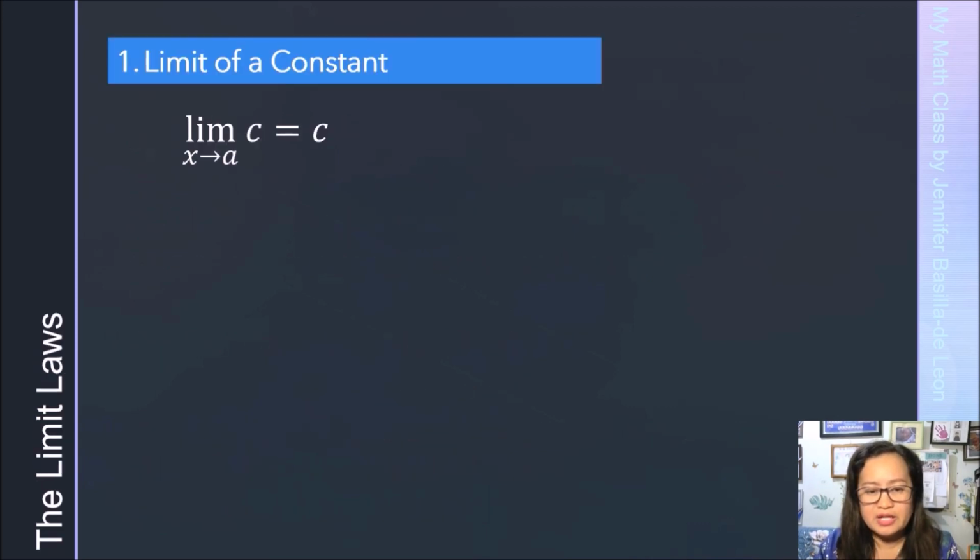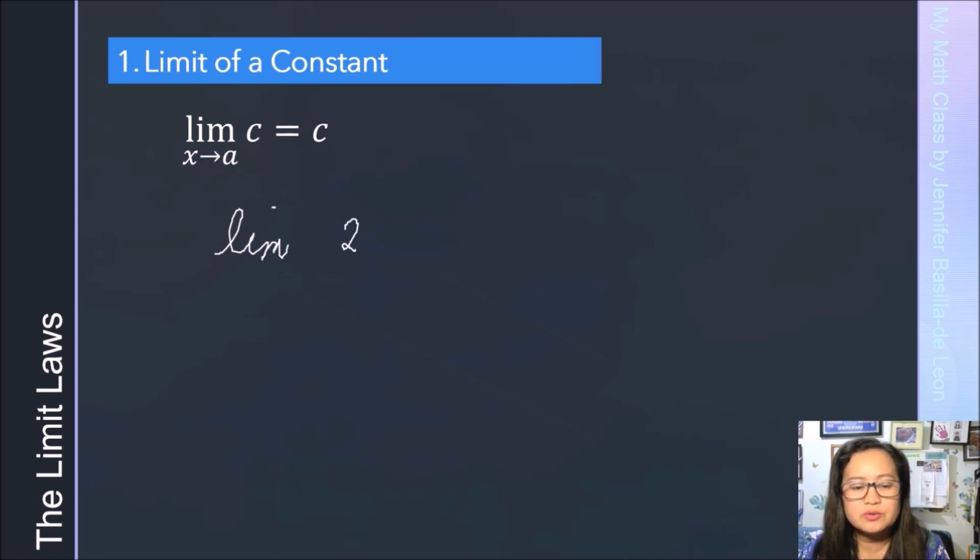Now let us consider the following limit laws in order to generalize our application of the concept of limits. The first one is the limit of a constant. The limit of c as x approaches a is equal to c. For example, the limit of 2 as x approaches -1 is just equal to 2.